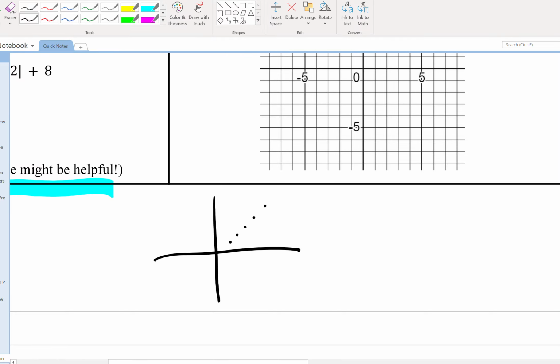But if you didn't choose enough values, you might not know that this goes down here, and then maybe right at that point it starts going back up. The graphs of absolute value functions are v-shaped. And so if you had chosen this value, this value, this value, you can get a better idea of what it looks like.